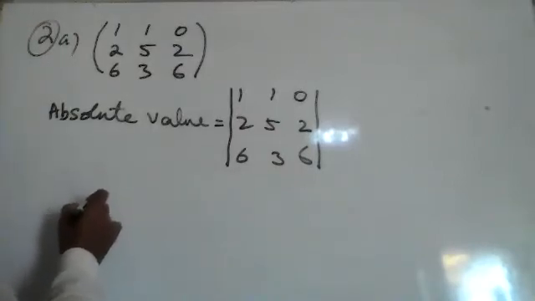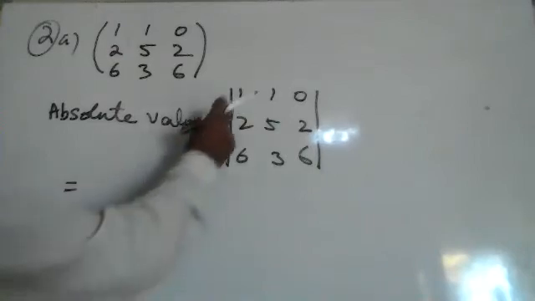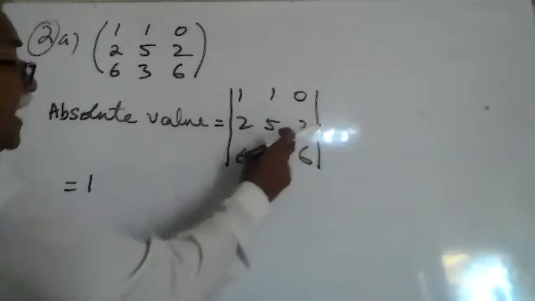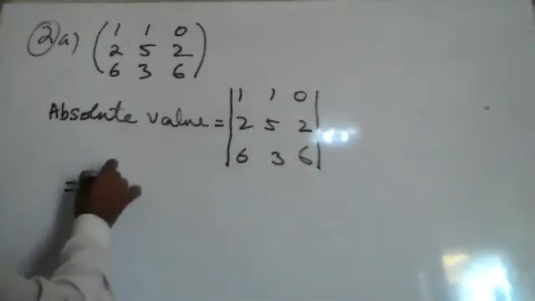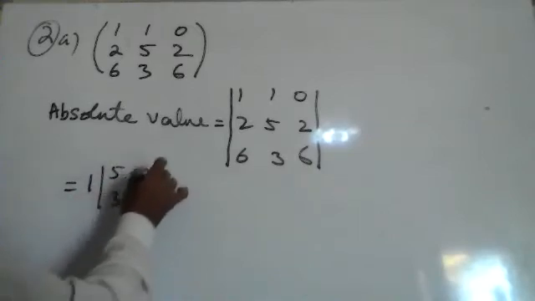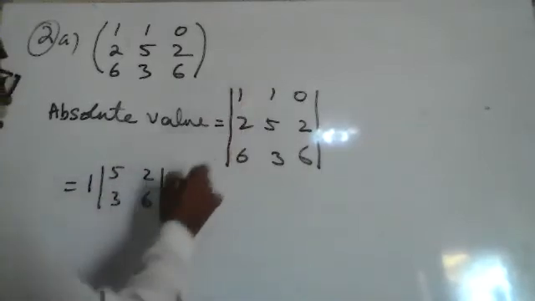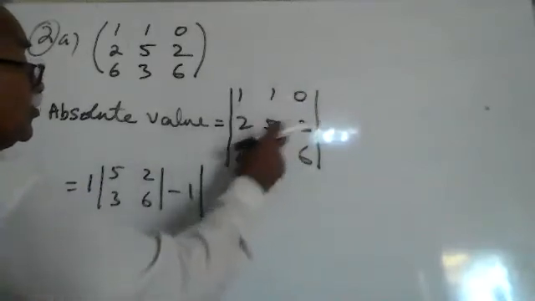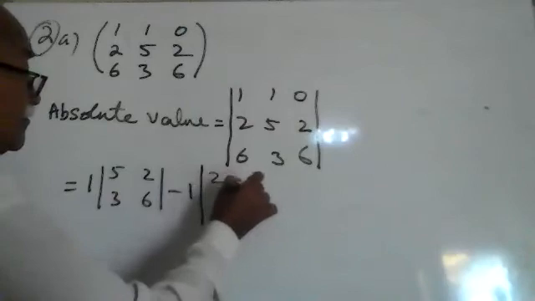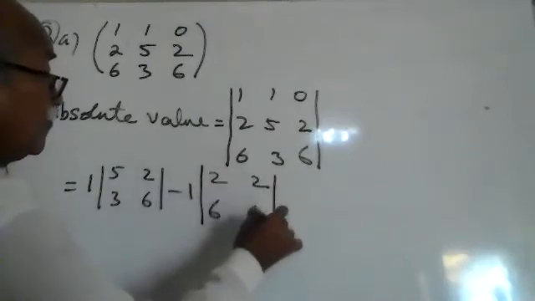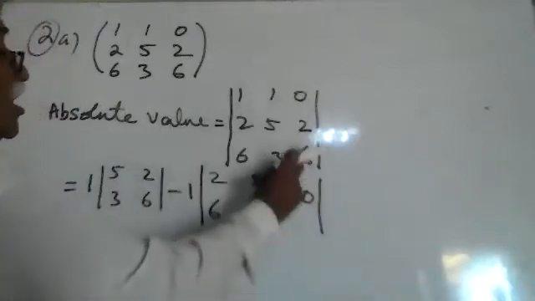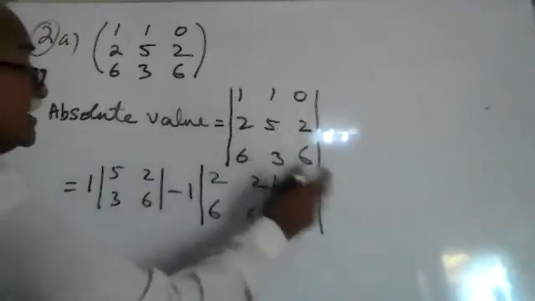It will become 1 times the determinant of 5 2, 3 6, leaving this row and column, minus 1 times the determinant of 2 2, 6 6, leaving this column and row, plus 0 times the determinant of 2 5, 6 3.